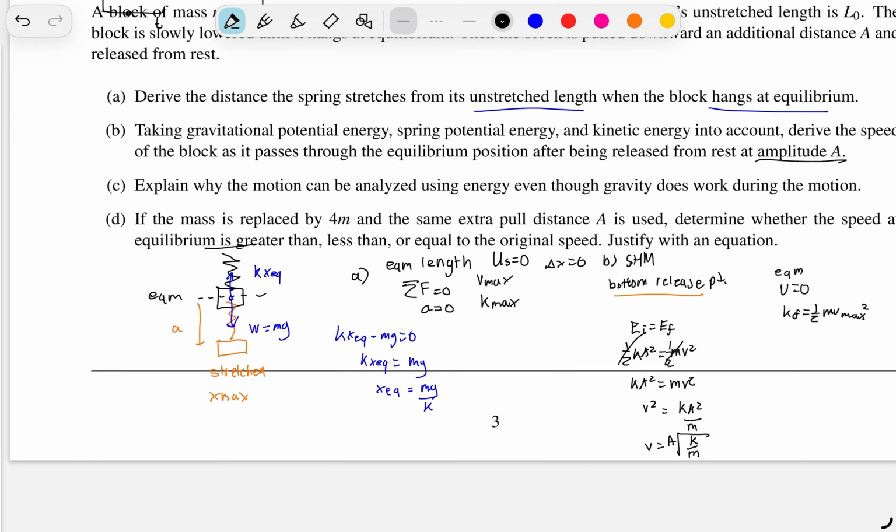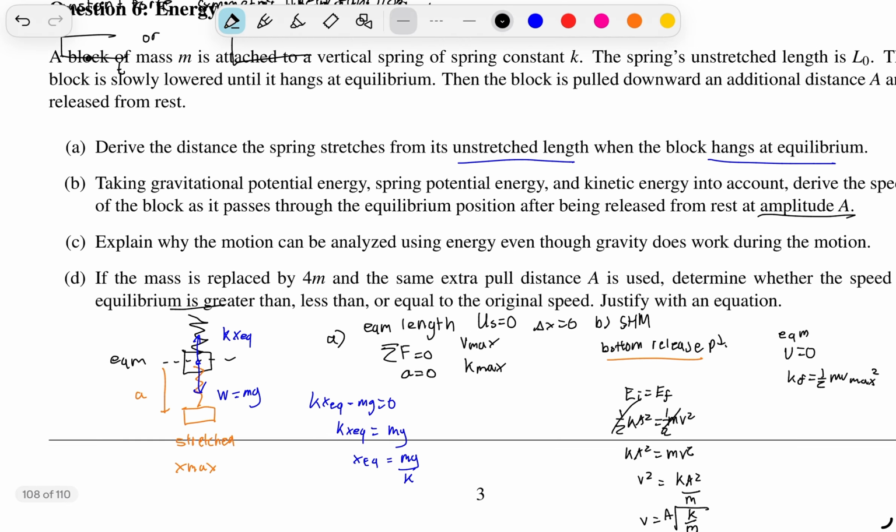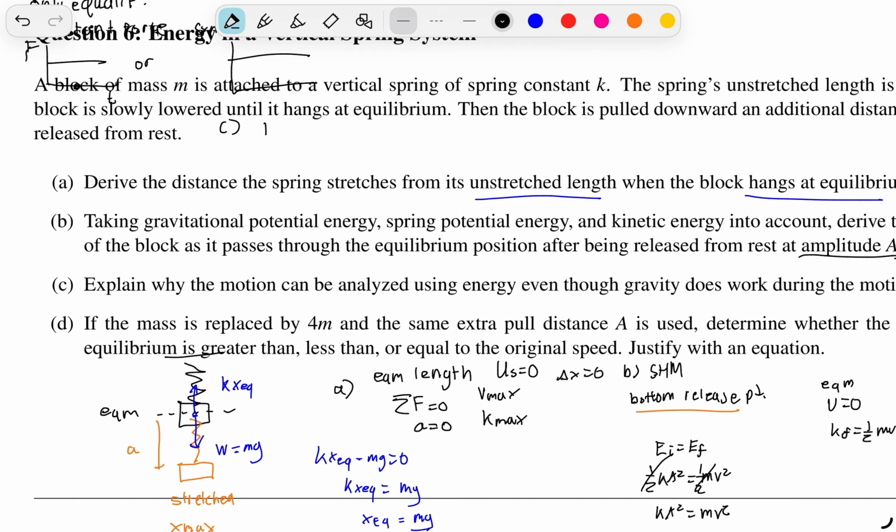Now, for part C, we're asked to explain why the motion can be analyzed using energy even though gravity does work during the motion. Well, that's because your force of gravity is going to be a conservative force if our system is defined as our block plus the earth plus our spring, because our gravitational energy, our Fg, is going to be stored as gravitational potential energy, mgy, where we define y as our height.